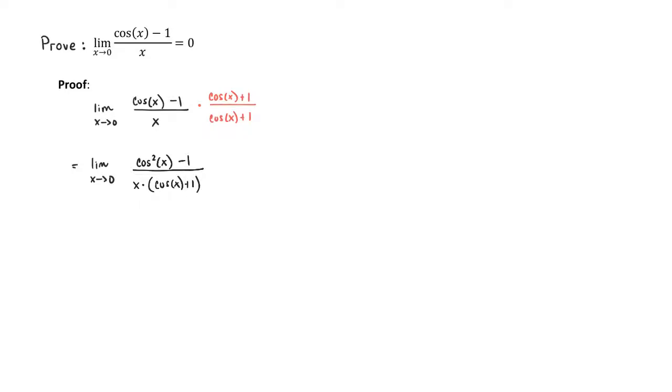What I want you to remember here is the Pythagorean identity. We know that sine squared x is equal to 1 minus cosine squared x. I practically have this here. The only thing is that I'm going to have to put a negative in front of sine squared so that I get this here and this here.